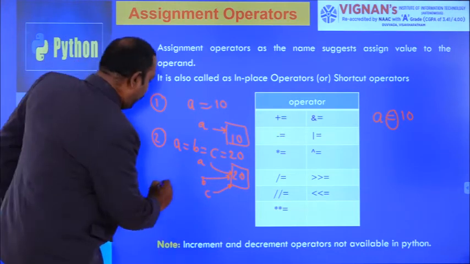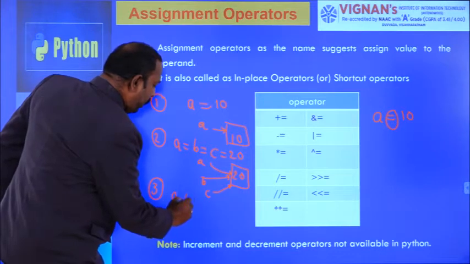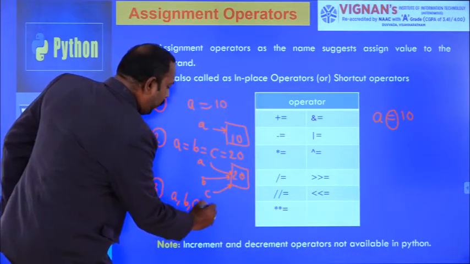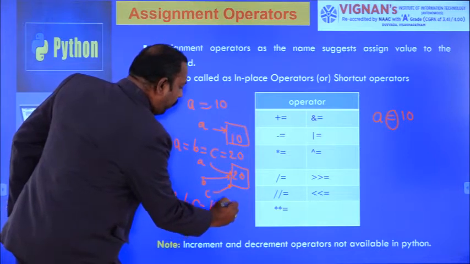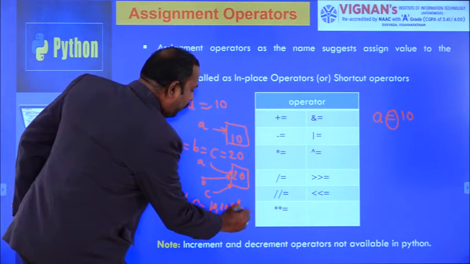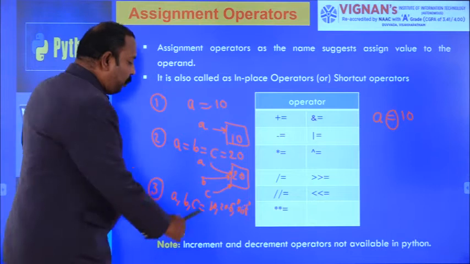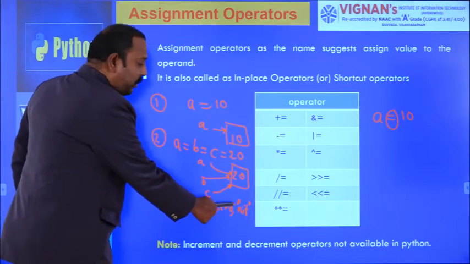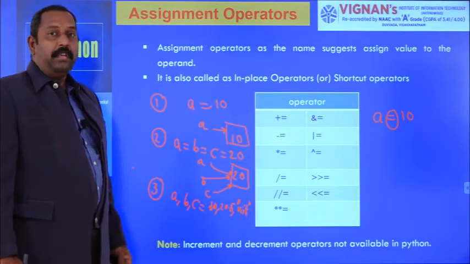And the third method is you can use a comma b comma c equal to 10 comma 20.5 comma 20.6 comma, like this you can assign multiple objects. This is one object, this is another object, this is another object. Three objects can be assigned to three variables.